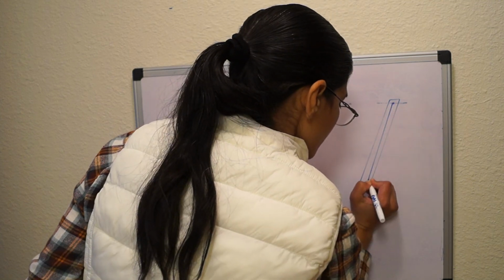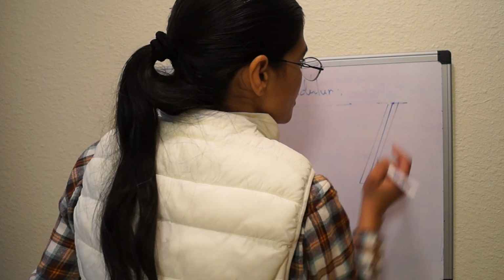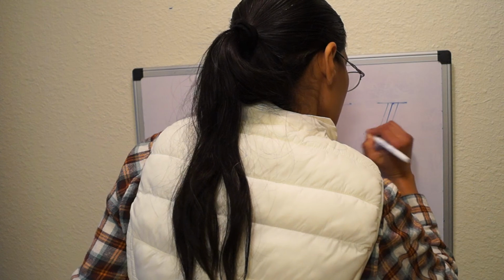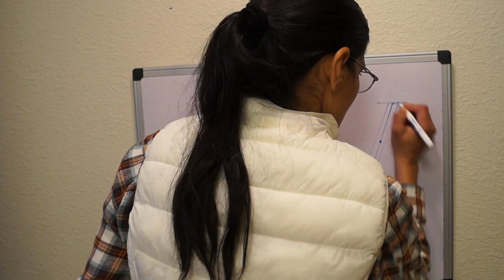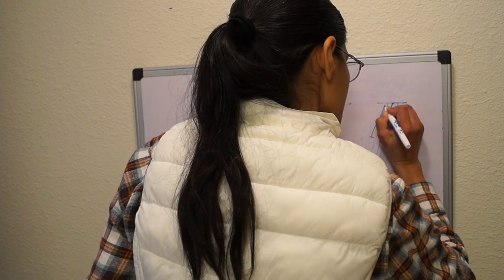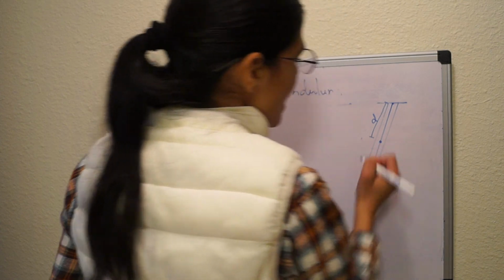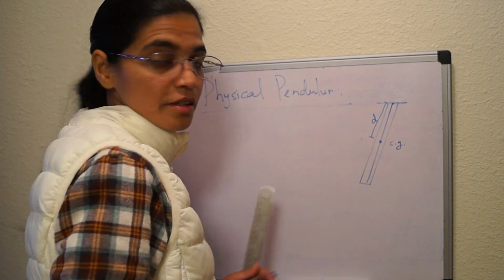Then it has a length L, but let's call the distance from the pivot point all the way here, this distance, D, okay? And this point here is the center of gravity.